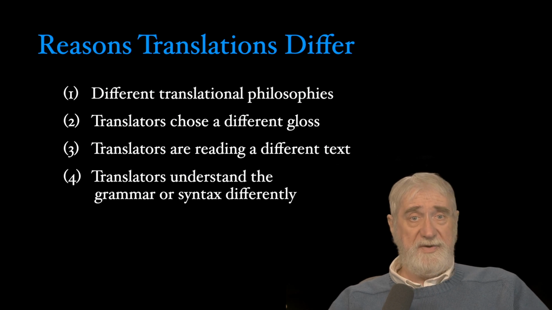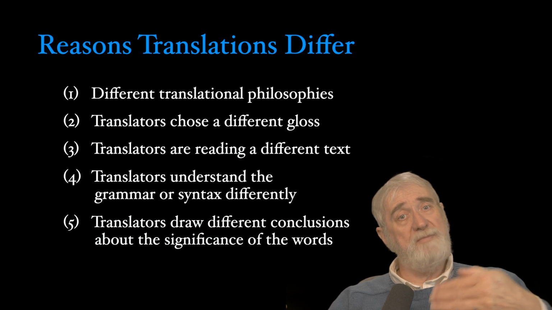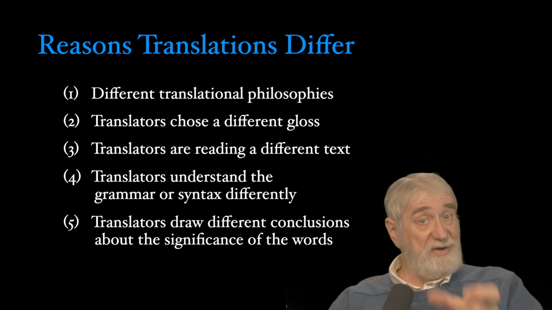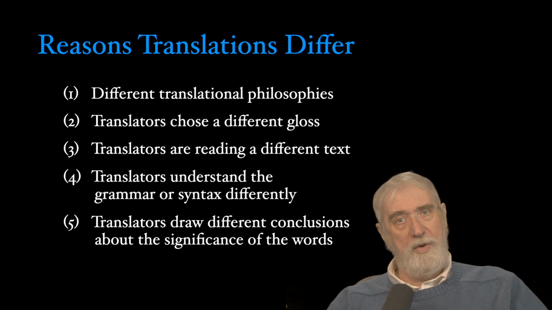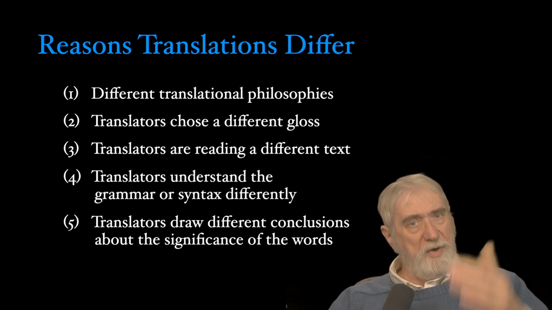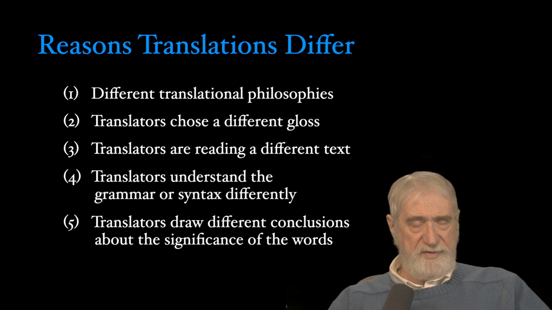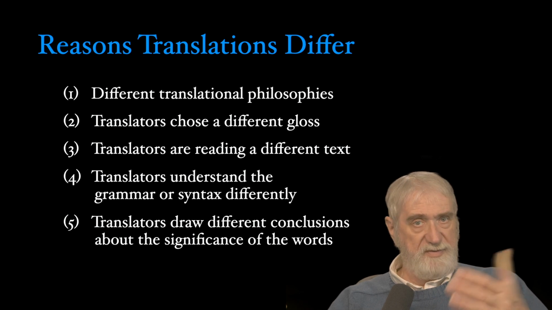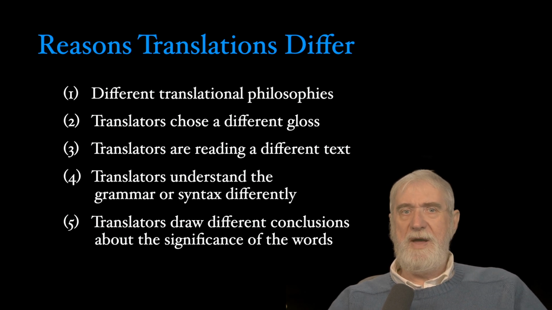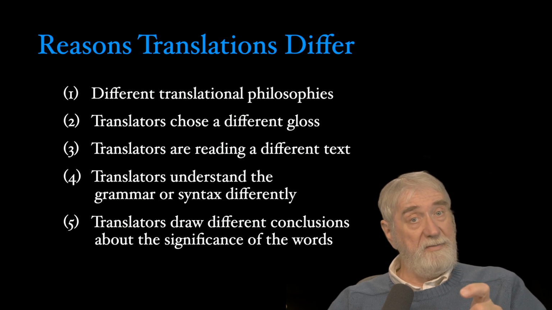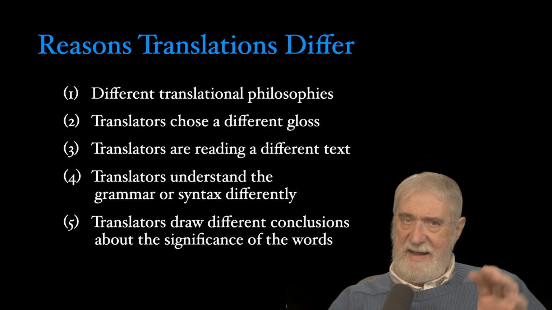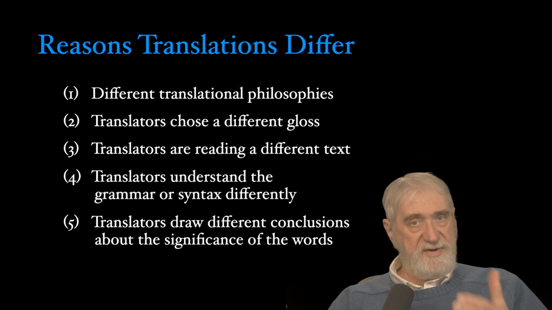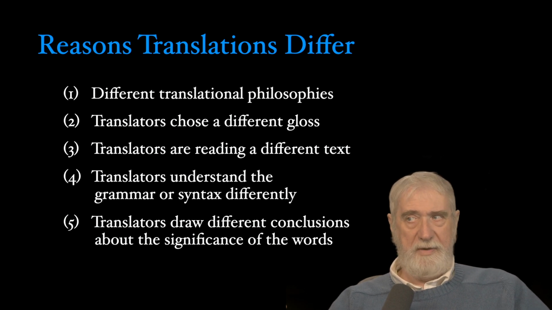And the fifth reason that translations differ is that translators have come to different conclusions about the significance or meaning, if you will, of a word in the original text. So I want to go through these five differences and give some examples of them and talk about how we can identify them and how we can then study them, even if we can't necessarily read the text for ourselves in the original language.